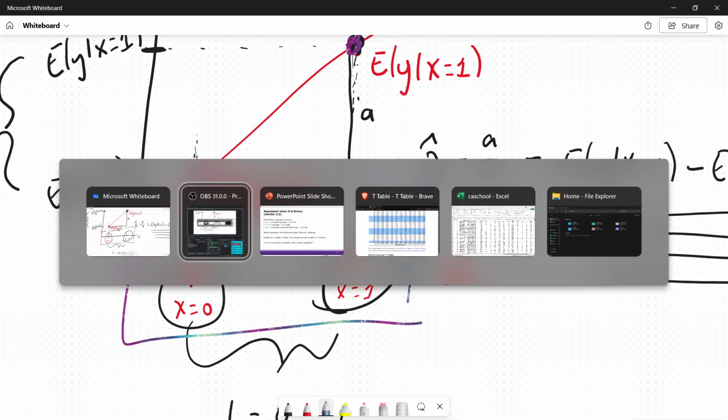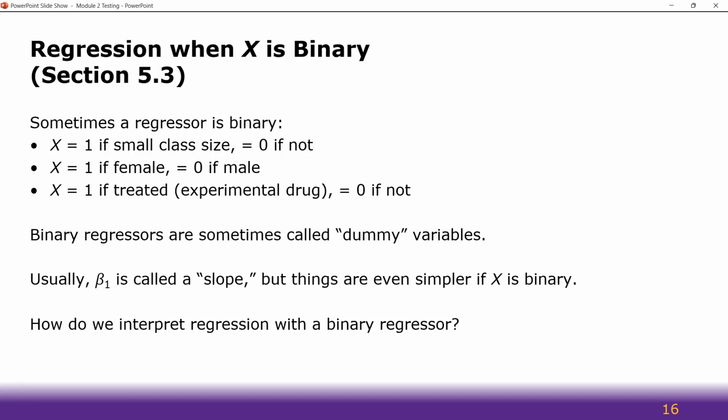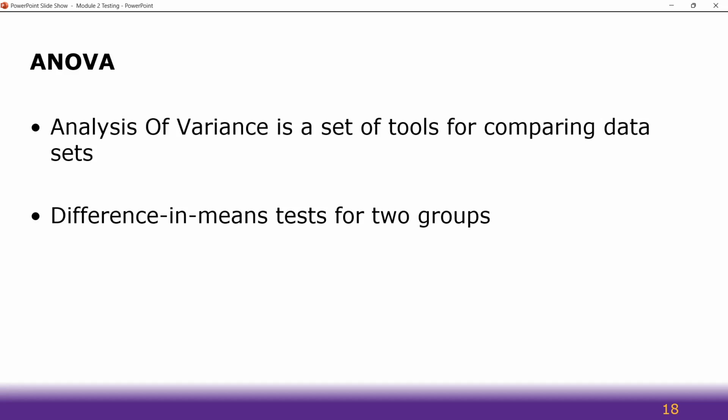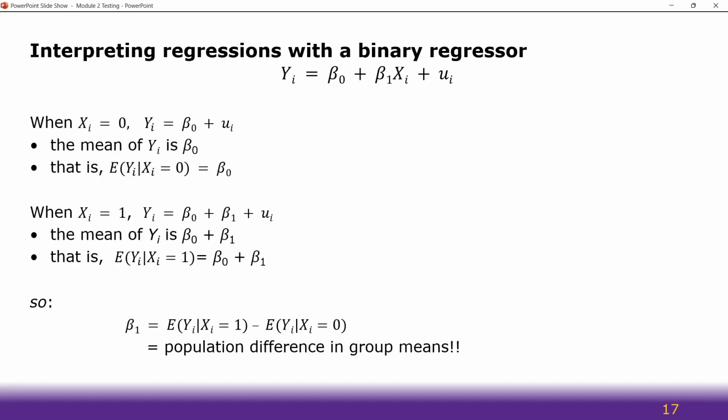Let's talk about the model very quickly. Here's your model: yi is equal to beta 0 plus beta 1 xi plus your error term, which is 0 on average. When xi is 0, the beta 1 xi term drops out of the model, and you have yi equal to beta 0 plus an error term, which is 0 on average. So the average of yi is just beta 0.